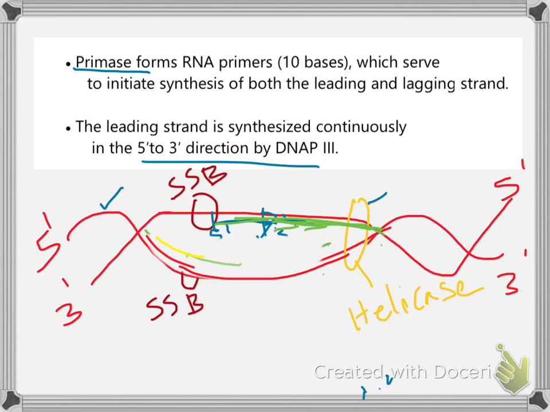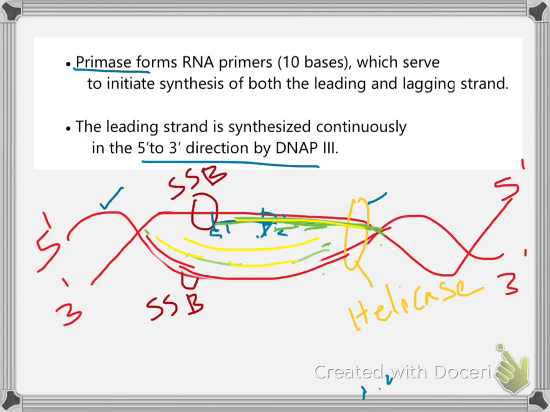Again add the primer by the primase, then add the nucleotides by the DNA polymerase 3, and this reaction is continuous in this strand. So we get a continuous leading strand and a discontinuous lagging strand.